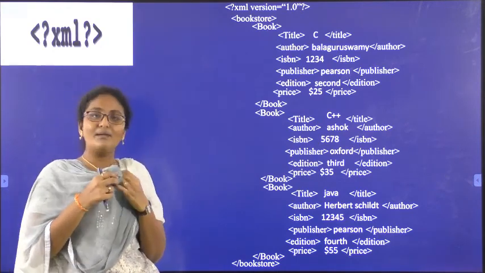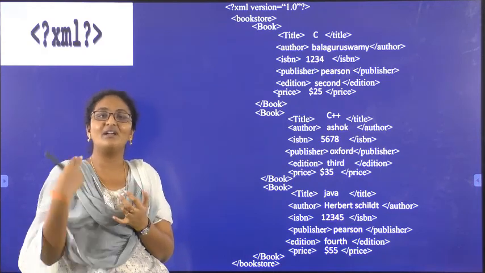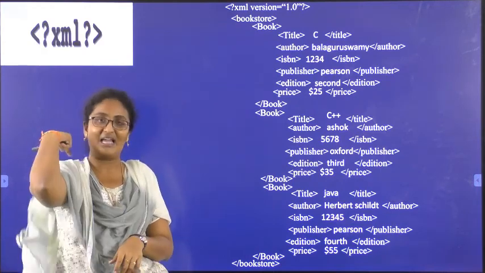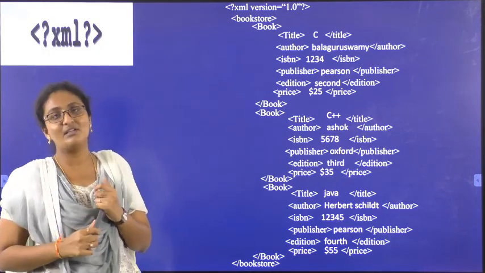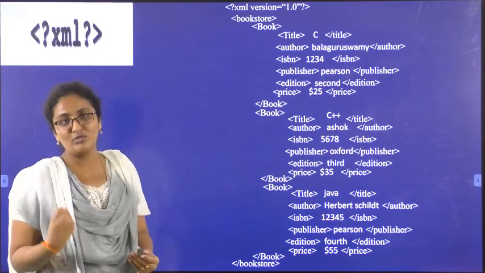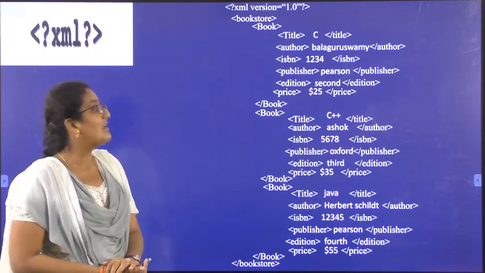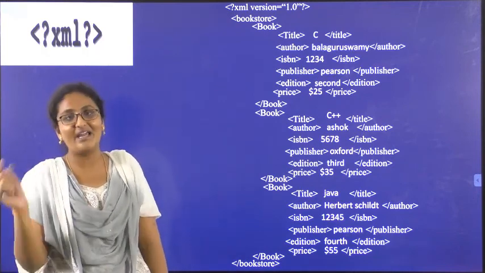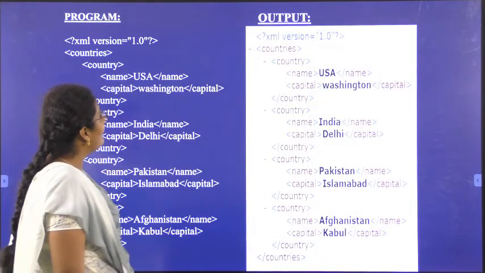What is the important point you need to remember here? Whatever tags you are interested in, you can create those tags. We have seen examples for blood donors, placement information system and library management system. All the tags are user created tags, and writing an XML file is very easy if you have the data in a database. So this will be the output.